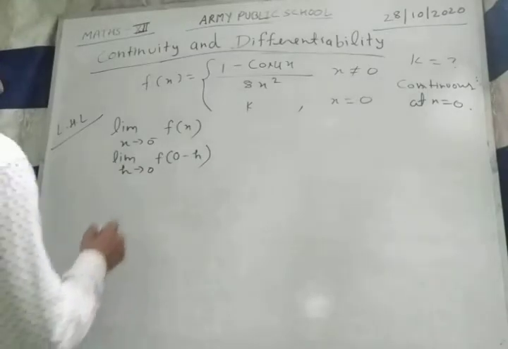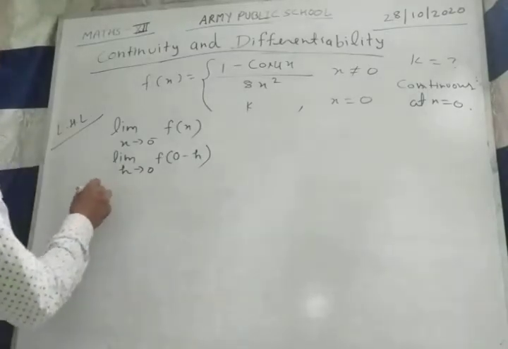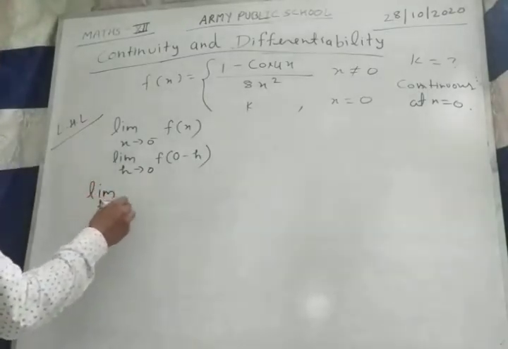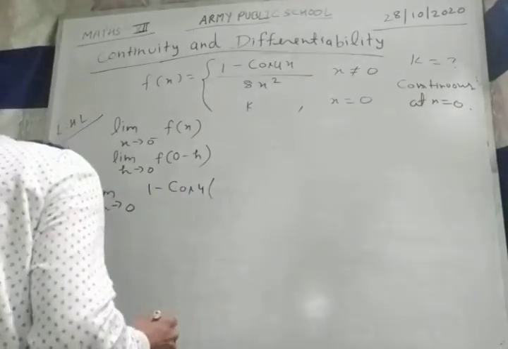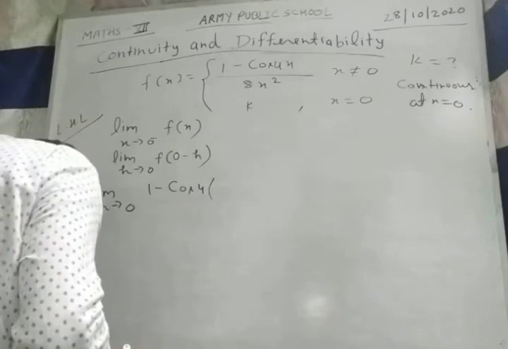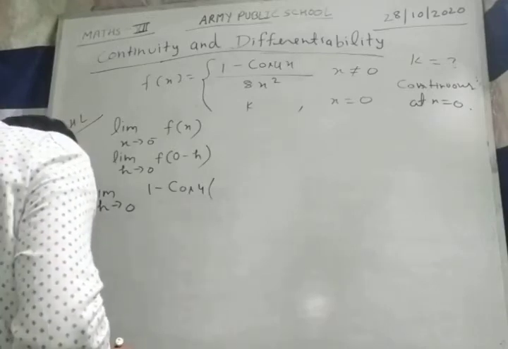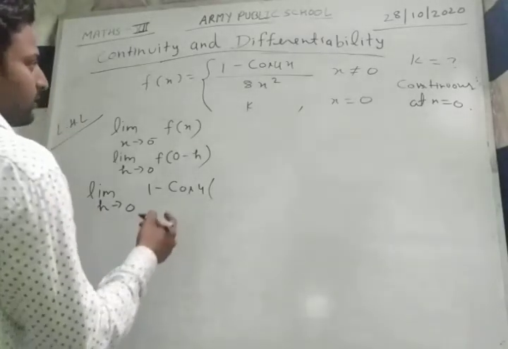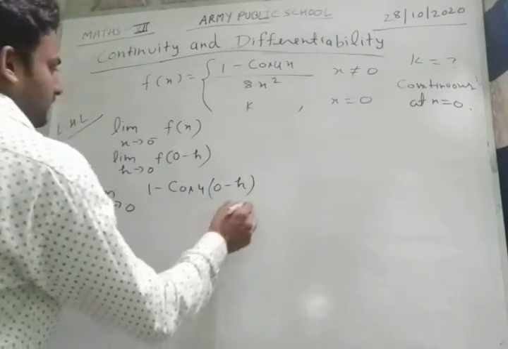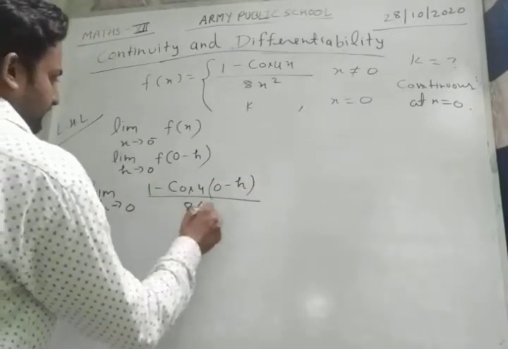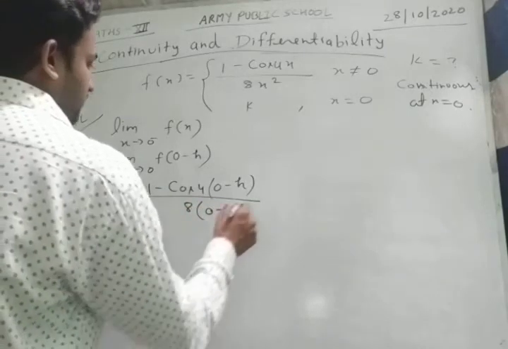So our function is limit h tends to 0 of (1 - cos 4(0 - h)) divided by 8(0 - h) whole square.